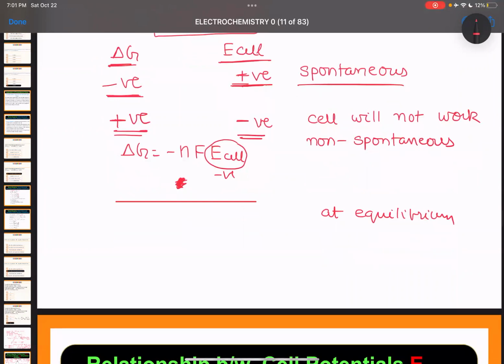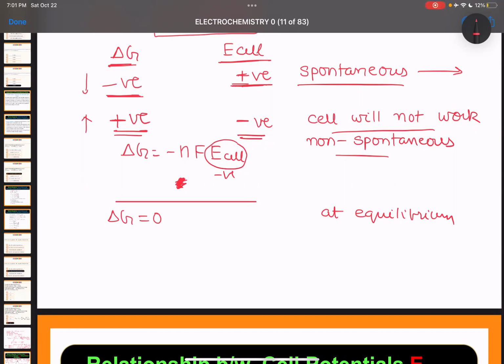So the reaction is stopped, and there is no Gibbs free energy change, delta G equal to 0. If Gibbs free energy is decreasing, then the reaction will proceed in the forward direction. If Gibbs free energy is increasing, then the reaction will not work, the cell will not work.